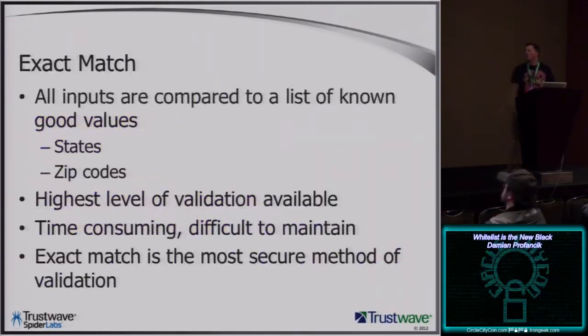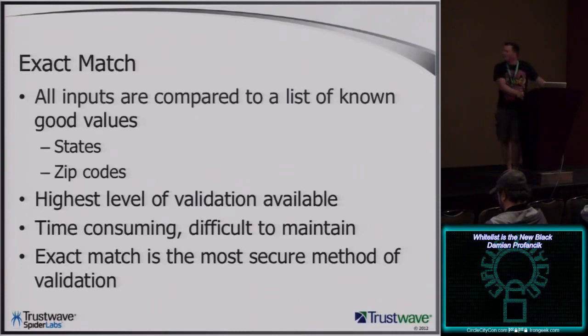The last approach is exact match. It's pretty simple and obvious why this is the best policy, but it's pretty rigid and often impractical. But it can work in some scenarios, like states. You know all the state names. We're not going to get any new states, unless Texas defects, then we can take it out of the list.